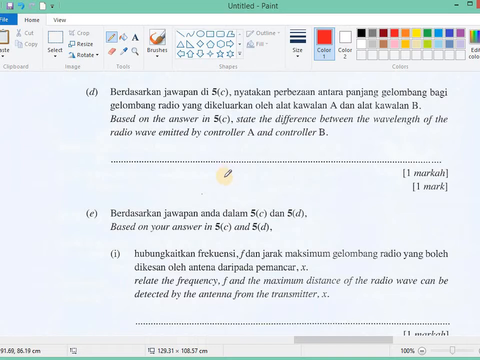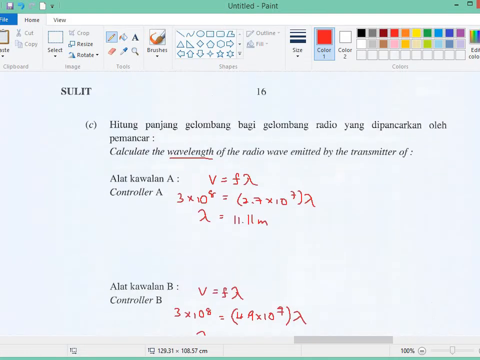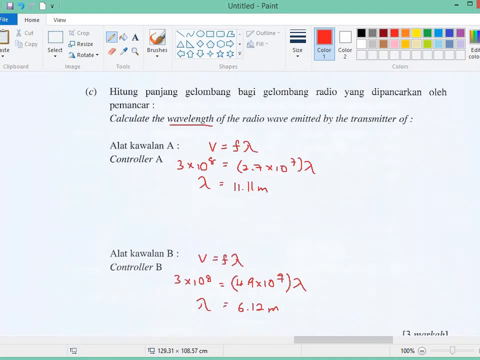Based on the answer in 5C, state the difference between the wavelength of radio wave emitted by controller A and controller B. So we want to state the difference between wavelength. Obviously, compare the wavelength. Controller A has a longer wavelength because the frequency is lower.